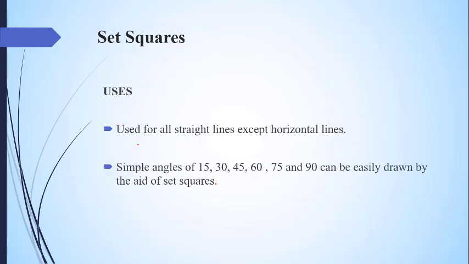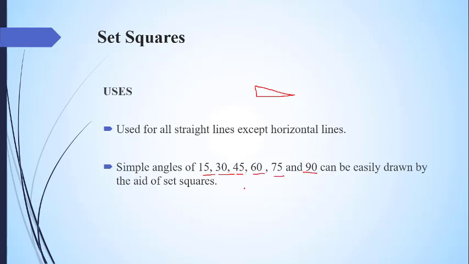Uses of set squares are given here. They are used for all straight lines except horizontal lines. These are generally used for small length lines. We use set squares for simple angles, that is 15, 30, 45, 60, 75, 90.